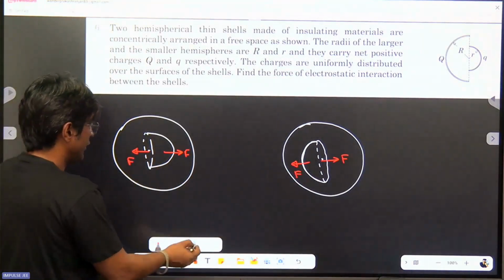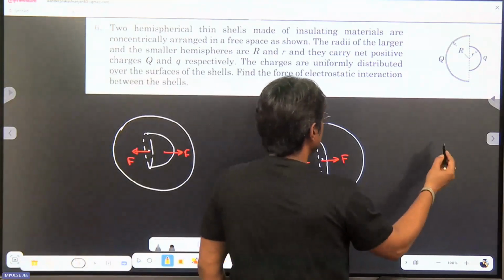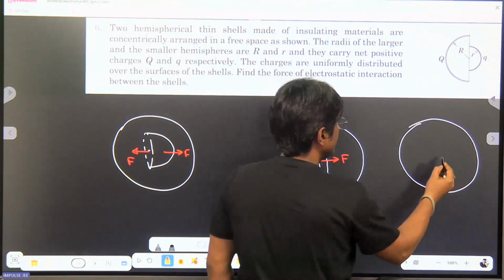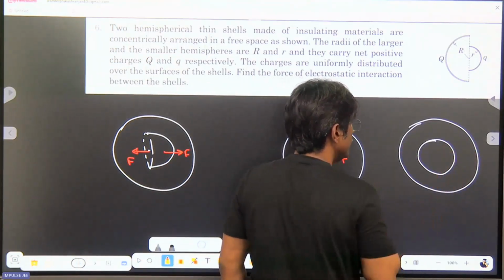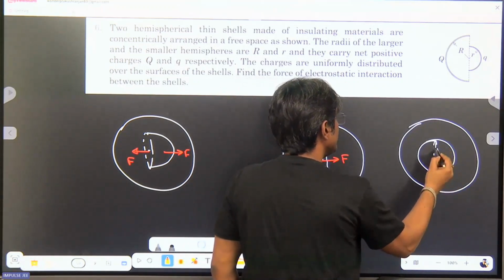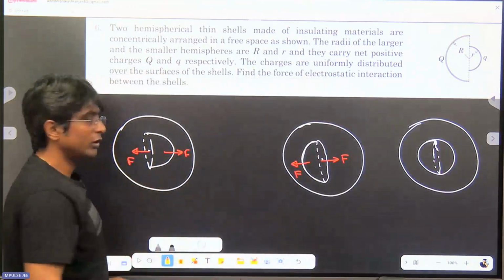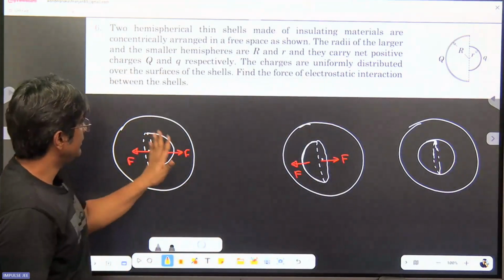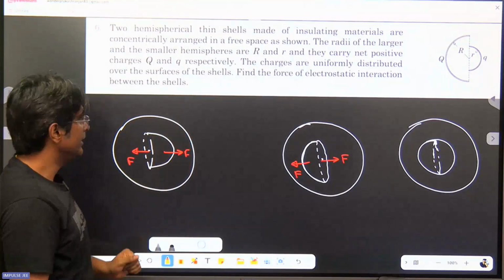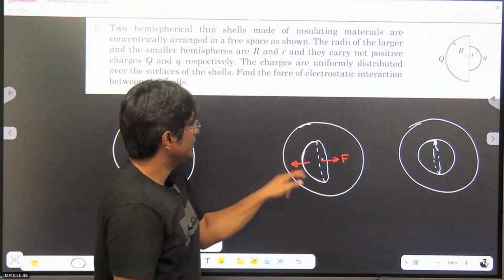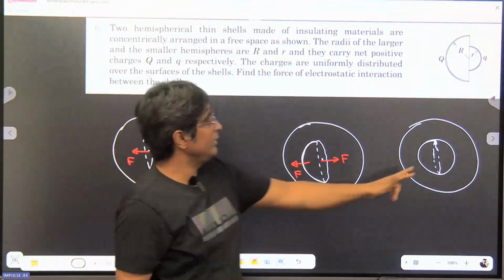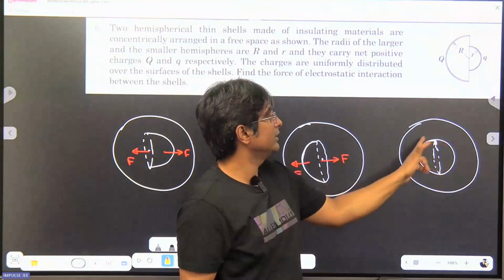Now we can think of this as a complete sphere inside which there is one more complete sphere. If we superimpose these two pieces of information, then the force F on this hemisphere due to this portion is in this direction, and due to the other portion it is again F, because if you combine these two they form a complete inner sphere.